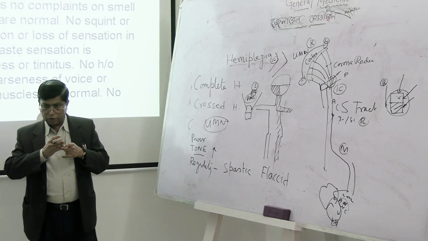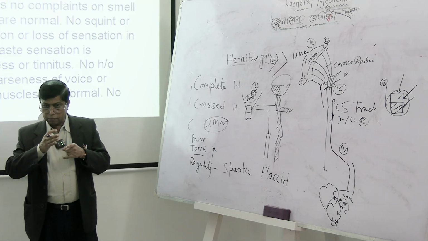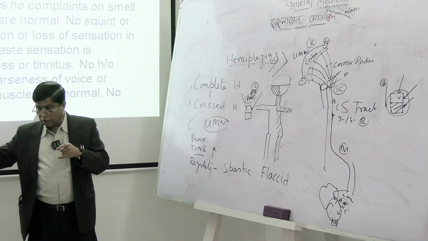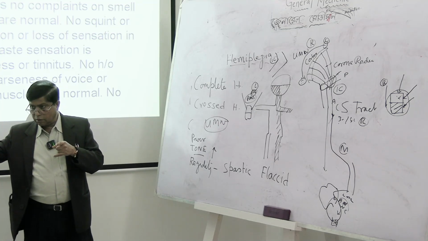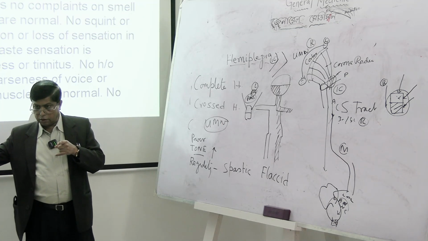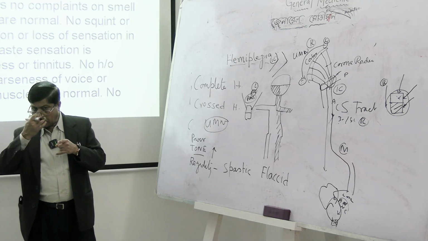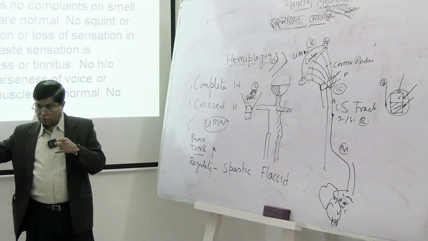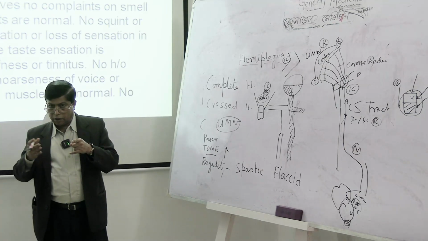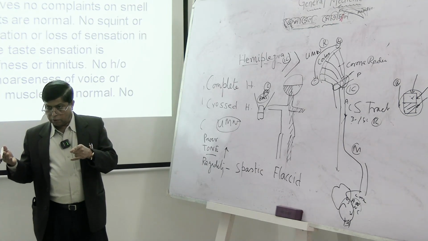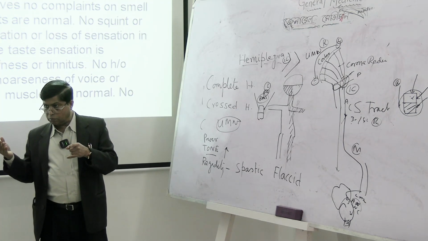So from anterior horn cell, poliomyelitis, motor neuron disease, up to the level of myasthenia gravis, the myoneural junction, and myopathy also. Muscle diseases called myopathies. All this is called flaccid paralysis. In between there are neuropathies. Guillain-Barré syndrome.